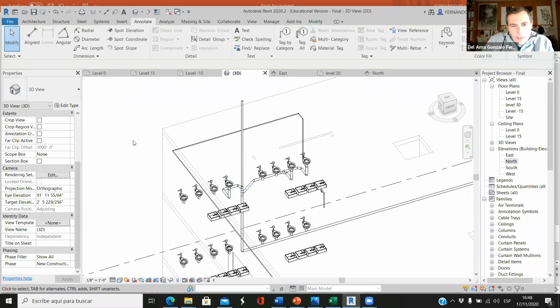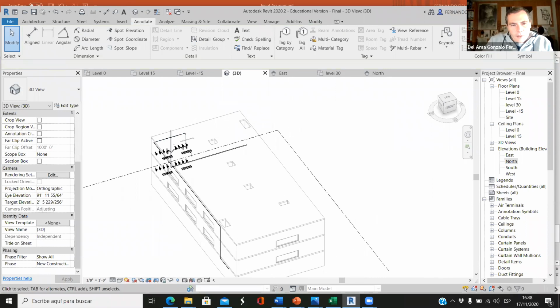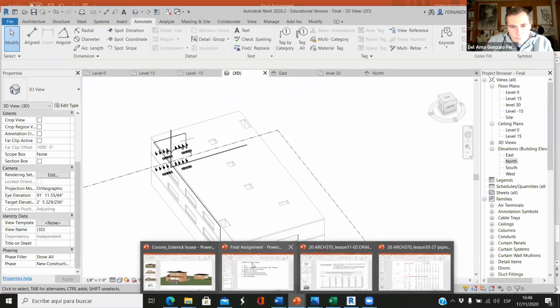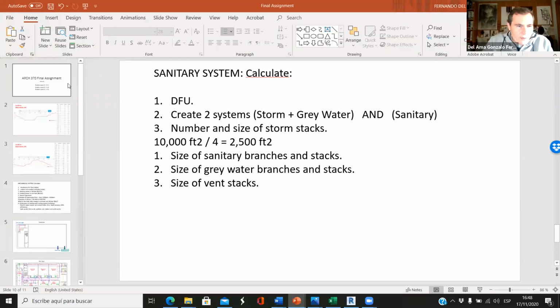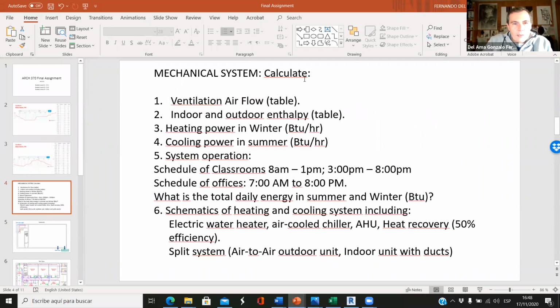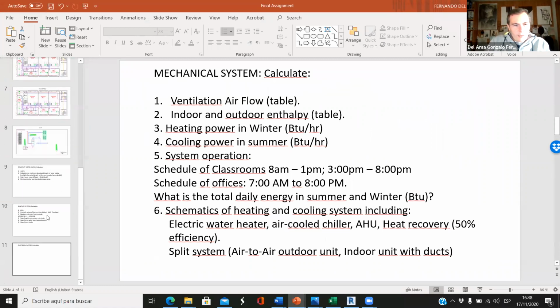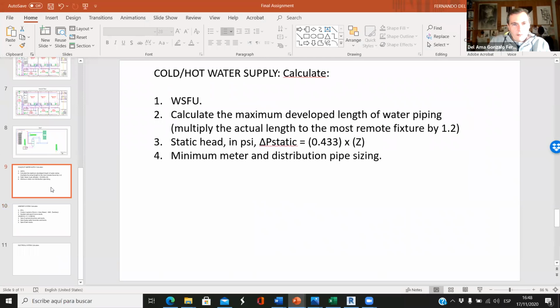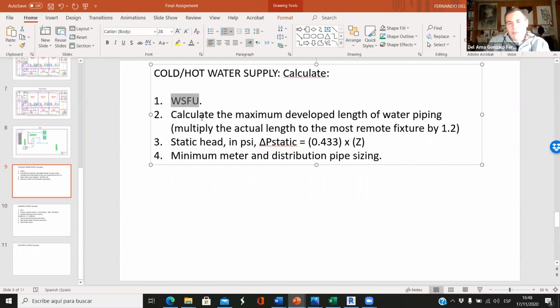Okay, and finally, or at the beginning, I don't know, let's start with the calculations of the mechanical system. With the drainage or the water supply, we don't have to calculate anything. We just have to count the fixture units, and then check the table if the diameter is the right one, or we have to make it bigger.